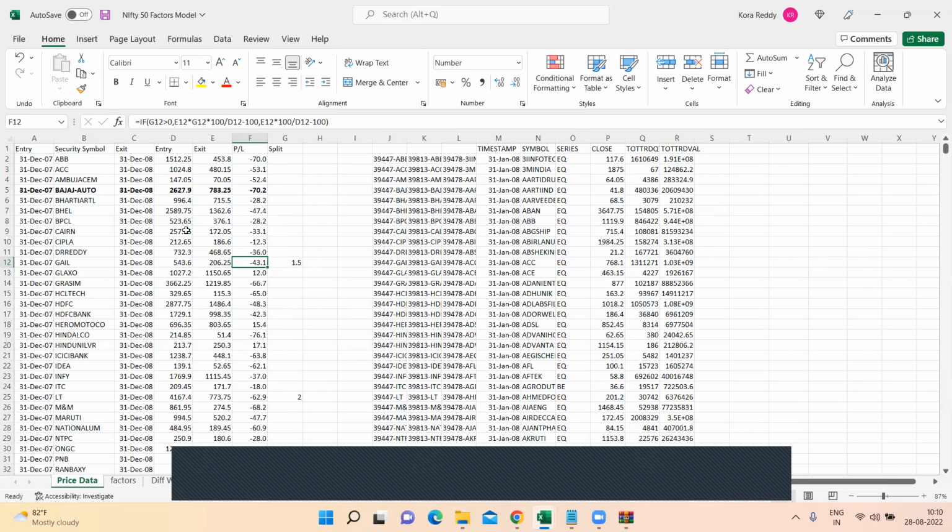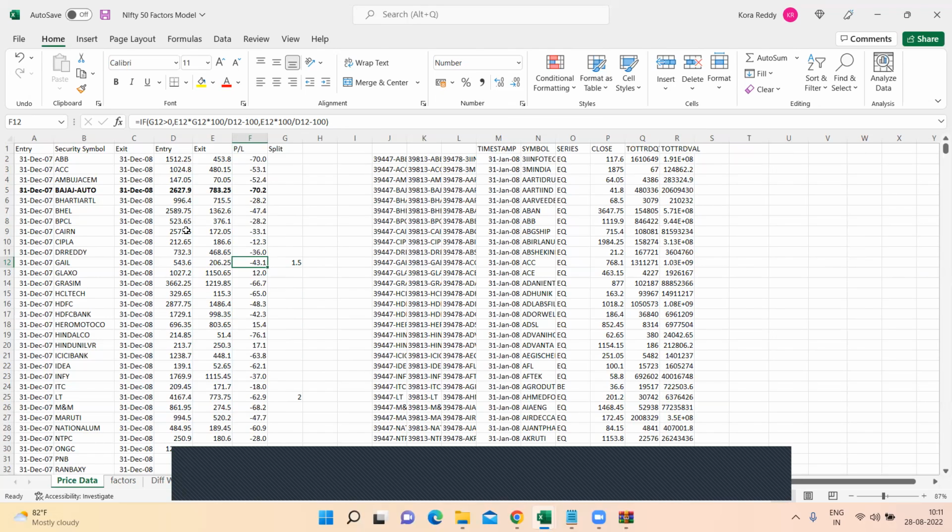So Bajaj Auto split into 3 companies in 2008: Bajaj Finance, Bajaj Finserv and Bajaj Auto. So when you take the Bajaj Auto year-end price, it will be something else, and you would have got one Bajaj Finance stock and one Bajaj Finserv stock.